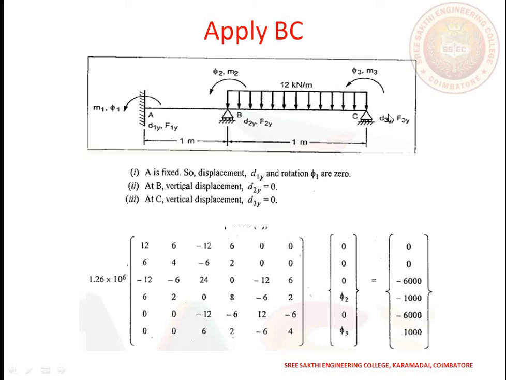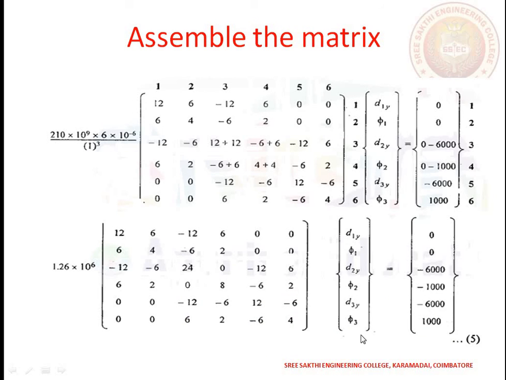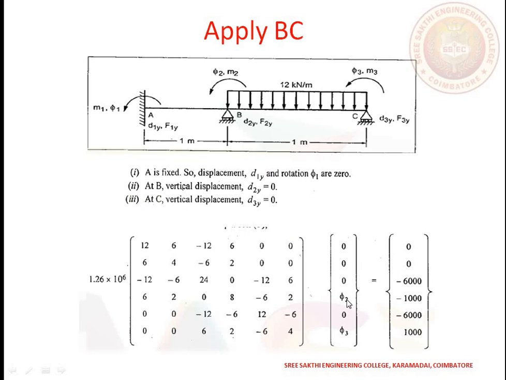At C, similarly for simply supported, the vertical displacement d3y is 0. So now you can apply d3y equal to 0, but phi 2 and phi 3 have some slope, because the 12 kilonewton load occurs, so it gets a slope, it gets bending. Okay, so you can apply the 0, 0, 0, 0. Now you can simplify.